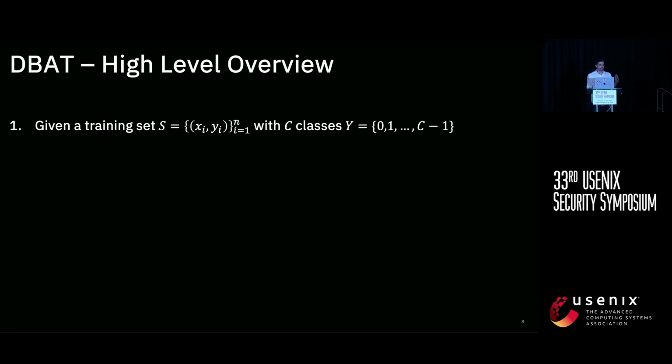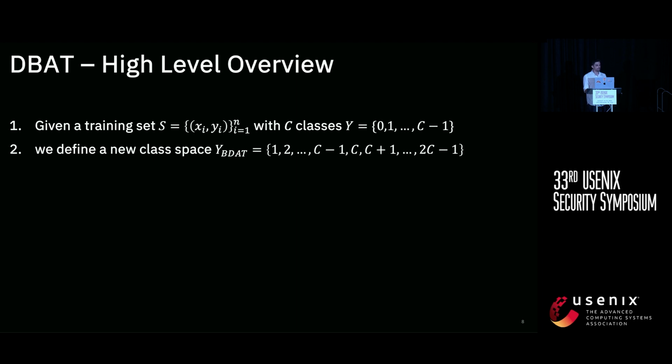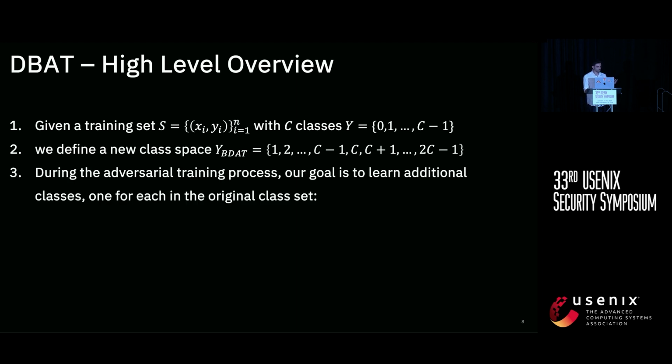Okay, so the idea is very basic. Imagine that you have a set of n examples S with C classes, Y from 0 to C minus 1, and now you define a new class space, which is twice the size of C. Now, the adversarial training process is iterative, right, you repeat the process for several epochs.